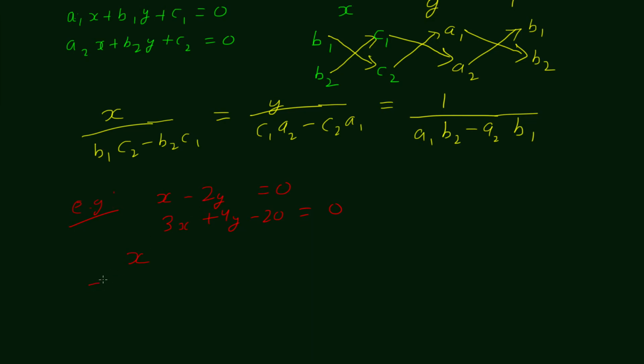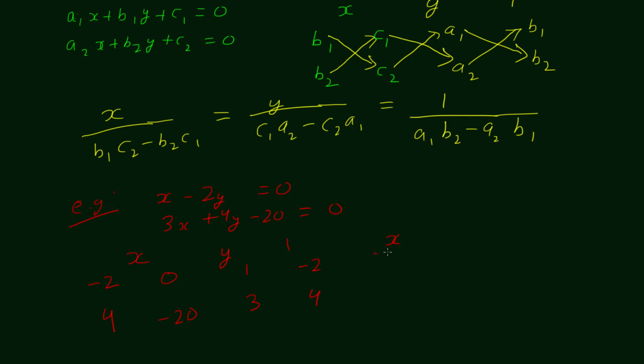So b1 is minus 2, b2 is 4, c1, c2. c1 is 0, c2 is minus 20, and then we have y, and we write a1, a2. So a1 is 1, a2 is 3, and then in the end we have again b1, b2: minus 2 by 4.